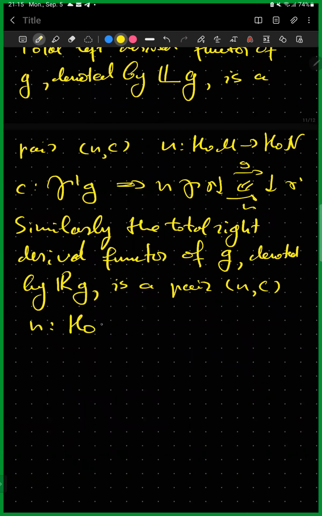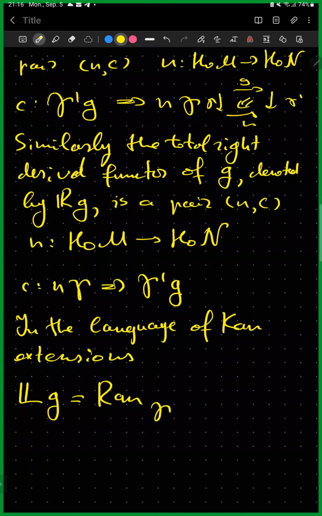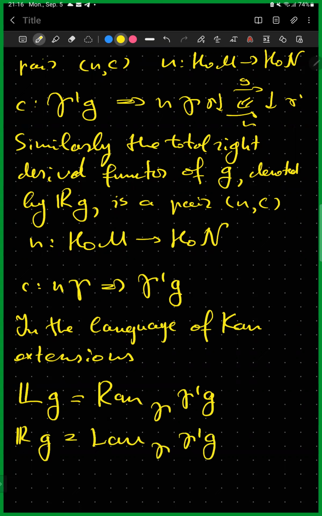In the language of Kan extensions, what we have is that the total left derived functor is the right Kan extension of the functor gamma prime G with respect to gamma, and conversely, the total right derived functor is the left Kan extension of the same pair of functors.